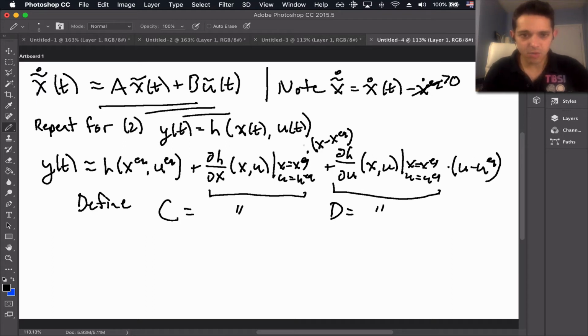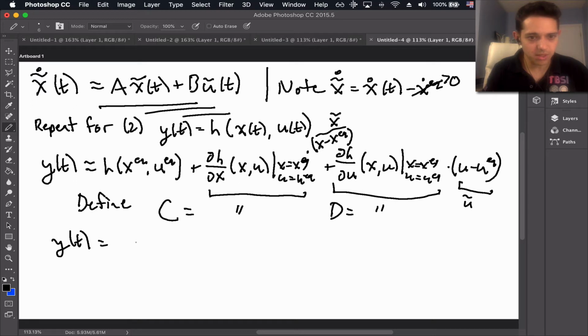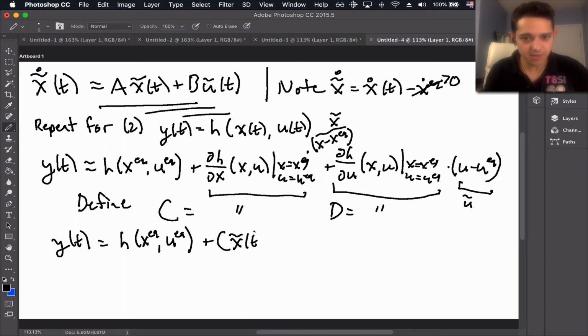And then we're also going to use the same definition of x tilde and u tilde. So now when I rewrite this with the notation that I've just defined, we will get the 0th order term plus C times x tilde of t plus D times u tilde of t.